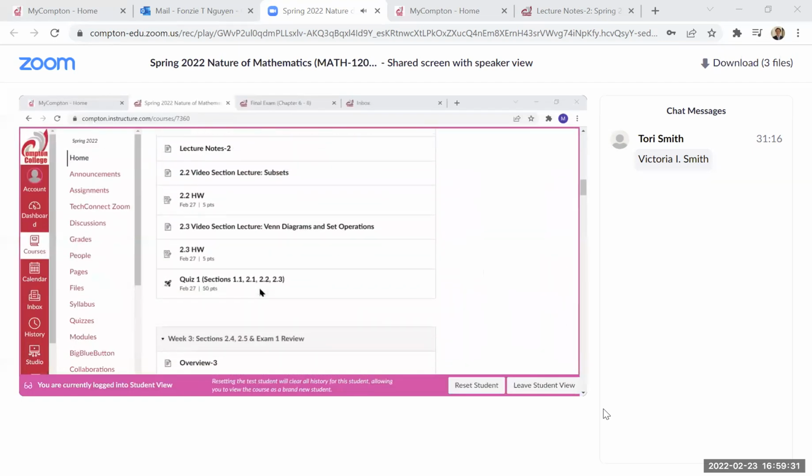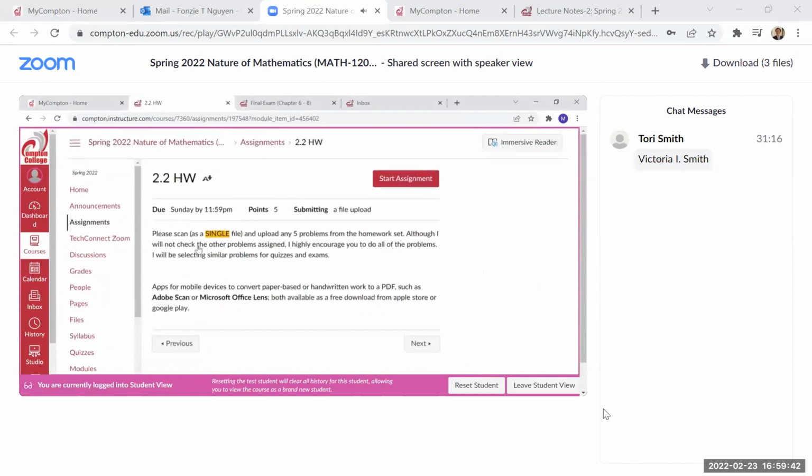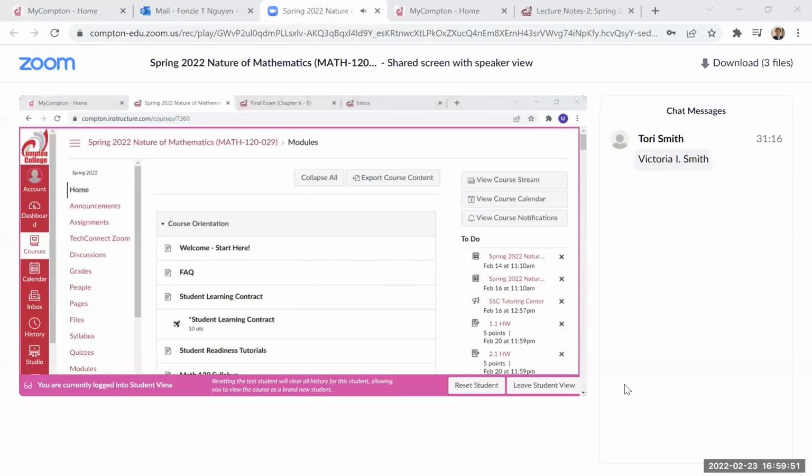All right, we are in week 2, 2.2 homework. So here's 2.2 homework. Oh, okay. Oh, obviously we have to look at the book. I forgot about that. Let me see if I can look up the picture real fast of the book.